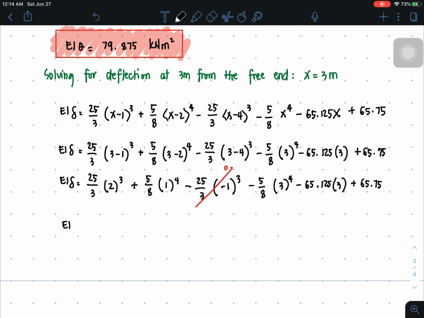So our answer here, EI deflection is negative 112.958 kilonewtons cubic meter. And this is our final answer.